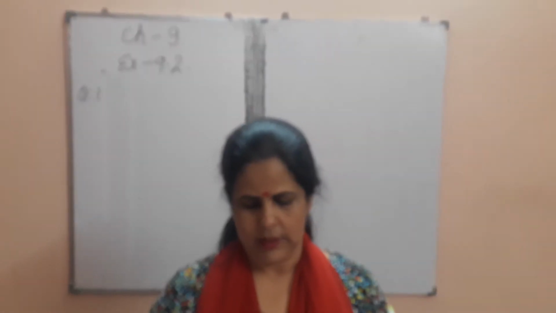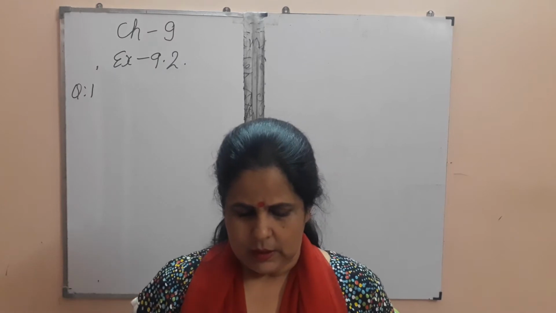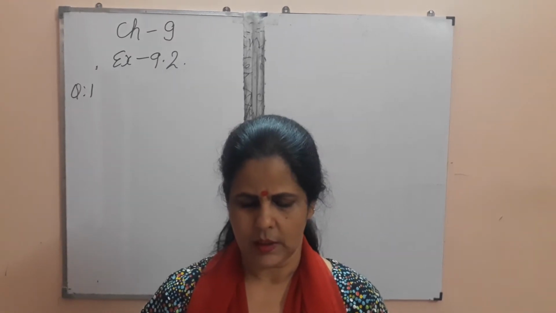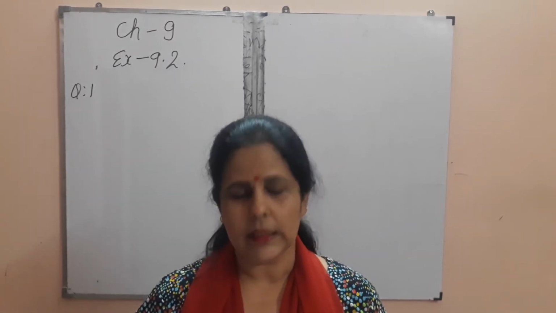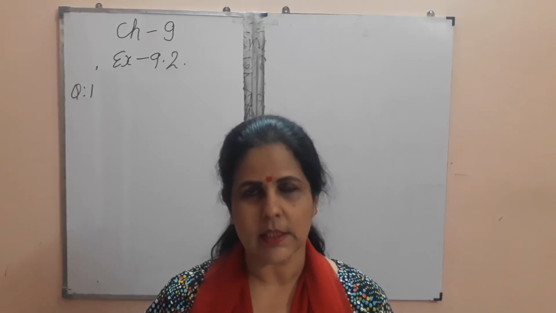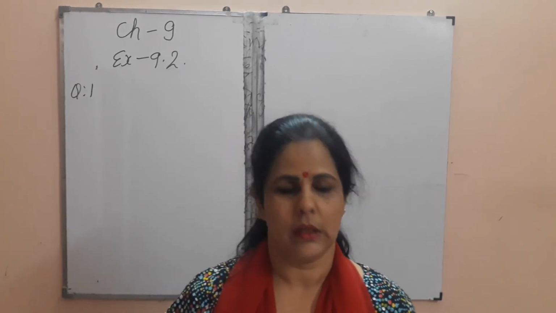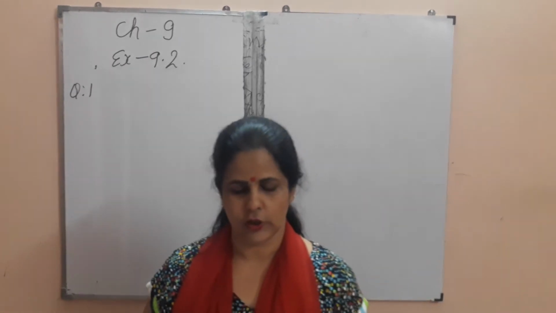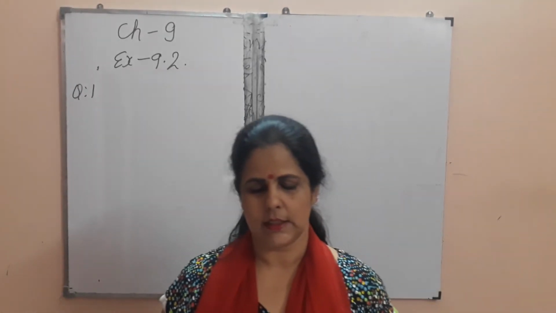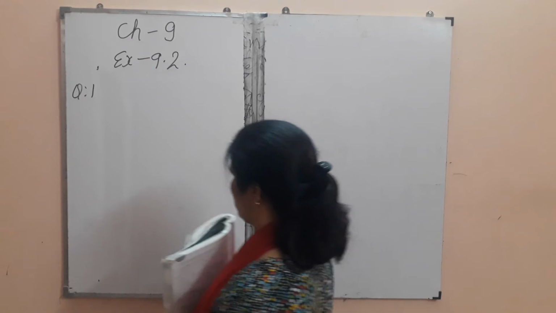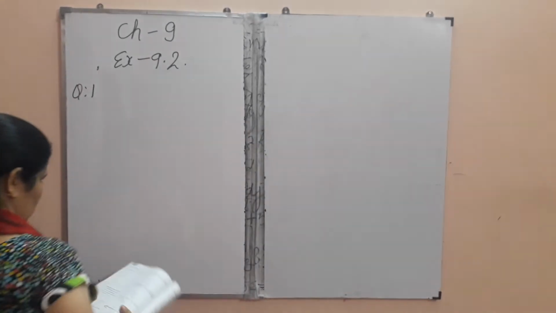Next is, in the given figure, L and M. L is parallel to M and X is transversal. So 3 questions are given, and you have to give the answer. So I am drawing the figure first of all.